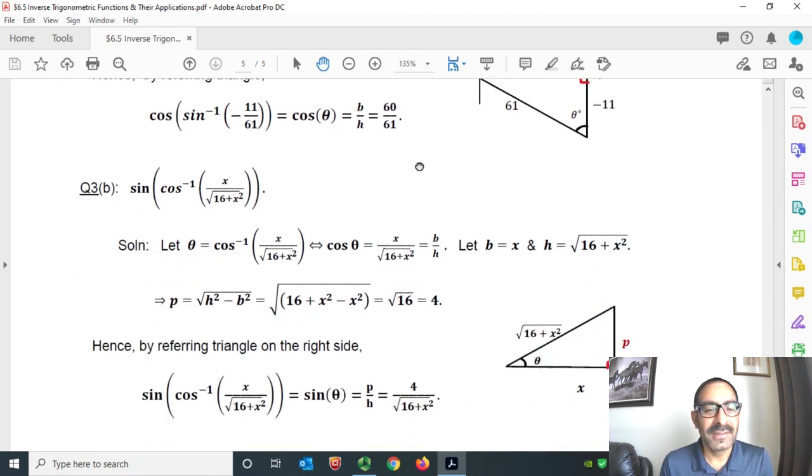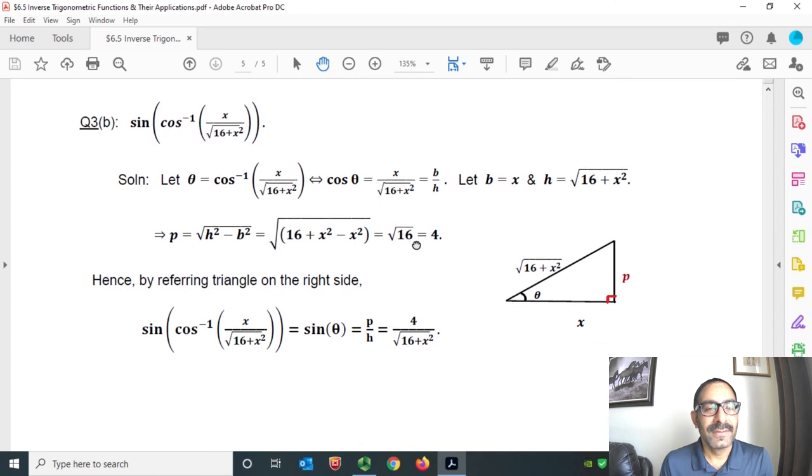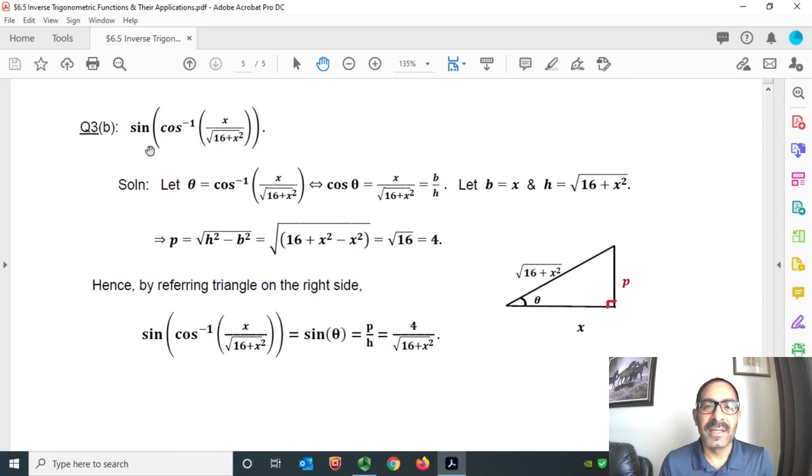Part B. Find the value of sine of cosine inverse x over radical 16 plus x squared. As before, let's assume theta equals this inside function here, cosine inverse of x over radical 16 plus x squared.